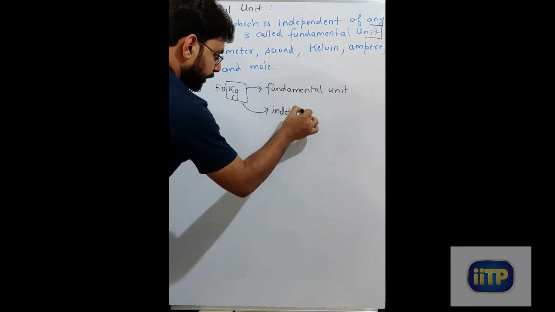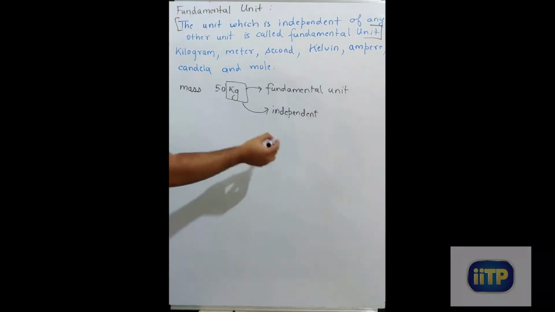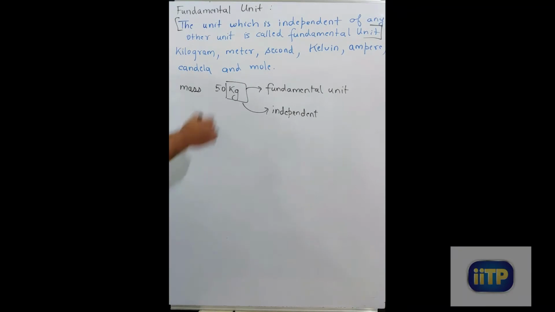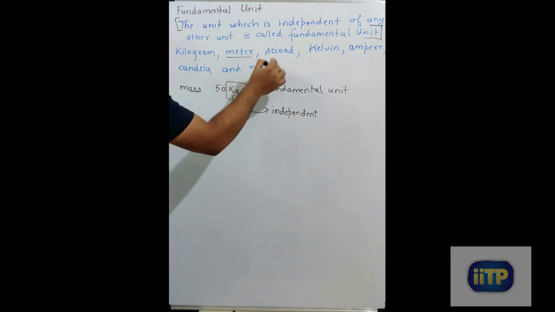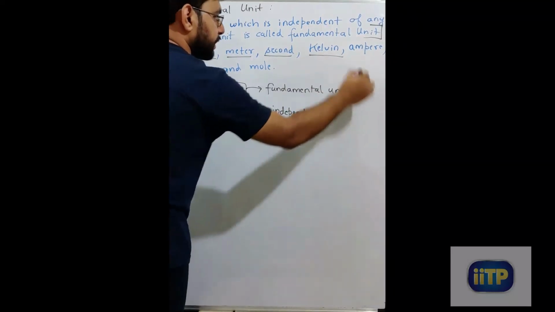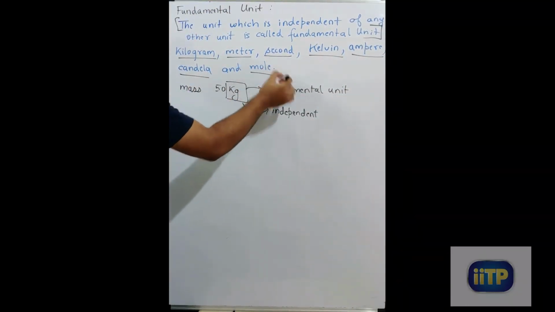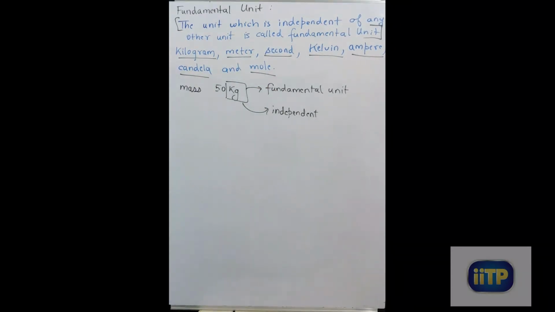Kilogram is not dependent on any other unit for its definition, right? That is why it is called fundamental. Similarly, there is meter, there is second for time, Kelvin for temperature, ampere for electric current, candela for luminous intensity, mole for quantity of matter. So these are the fundamental units.